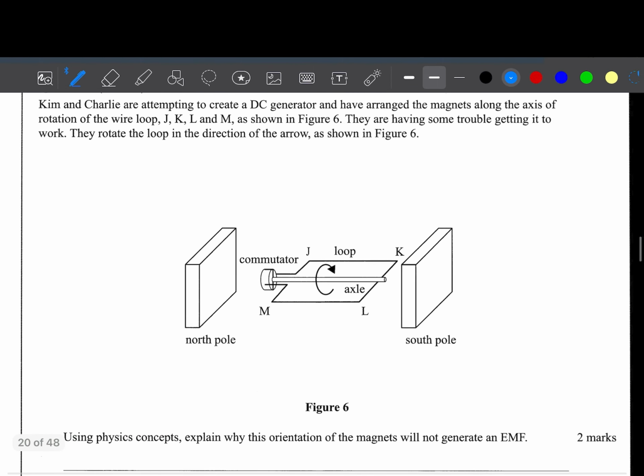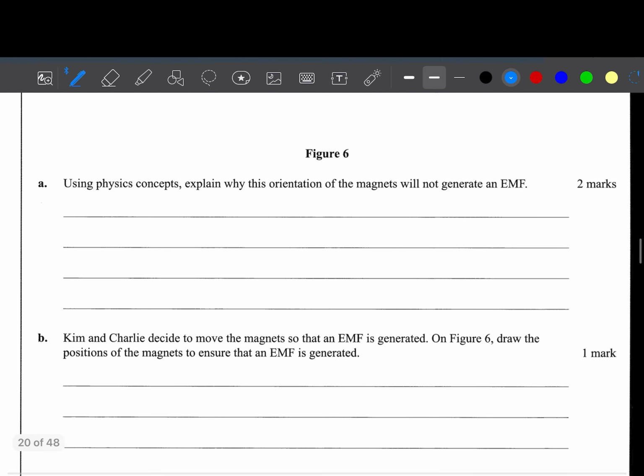Kim and Charlie are attempting to create a DC generator and have arranged the magnets along the axis of rotation of loop JKLM, as shown in figure 6. They are having some trouble getting it to work. They rotate the loop in the direction of the arrow shown in figure 6. Using physics concepts, explain why this orientation of the magnets will not generate an EMF.